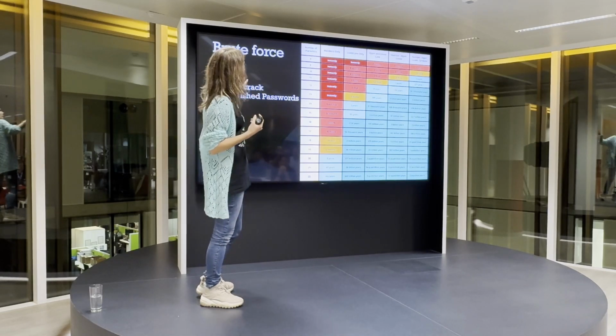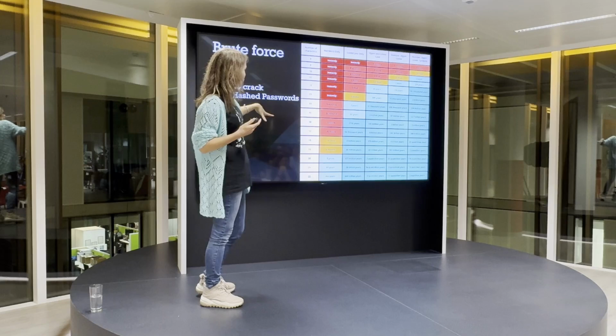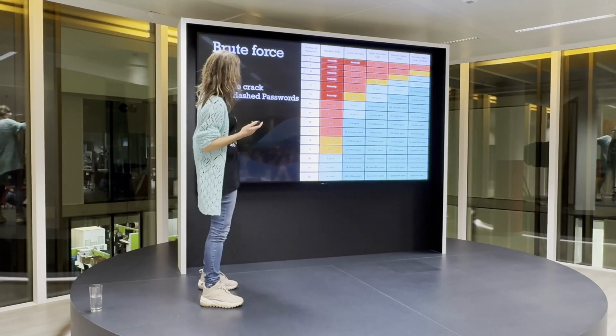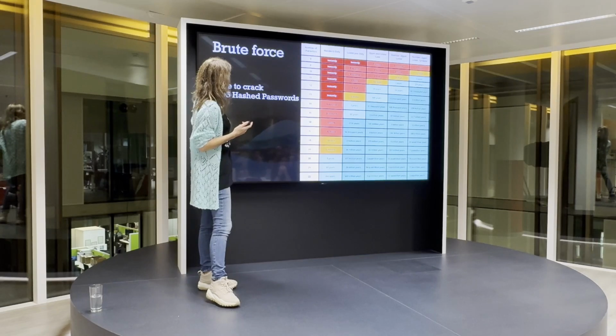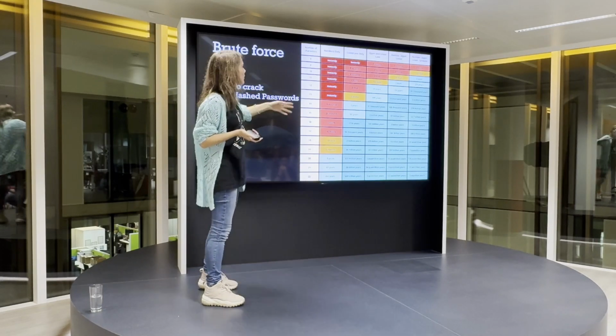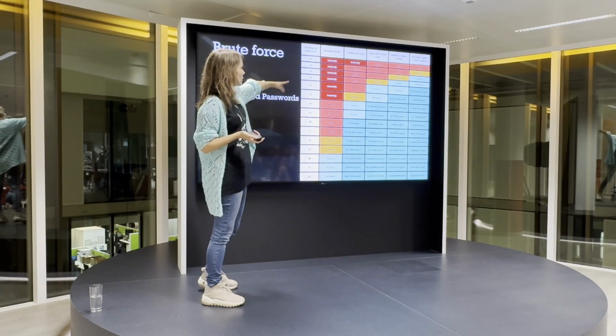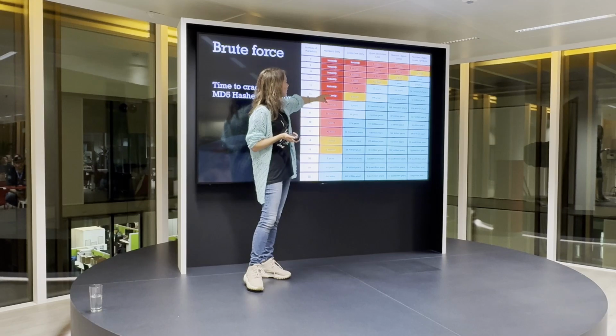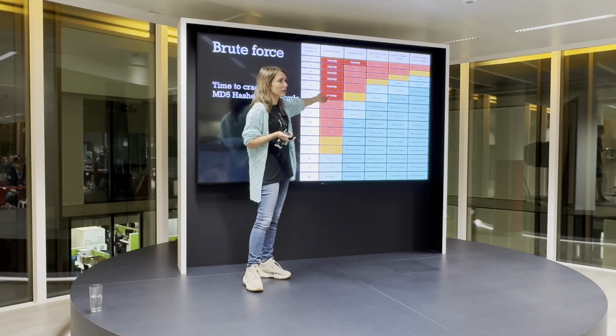I also wanted to show you how fast passwords could be brute forced if they were hashed with the MD5 hash function. You see, right, that if, for example, you have 13 numbers, and it's only numbers, it can be brute forced very, very fast.